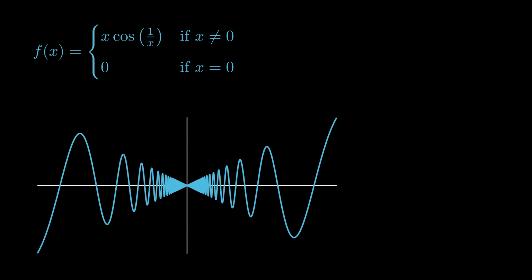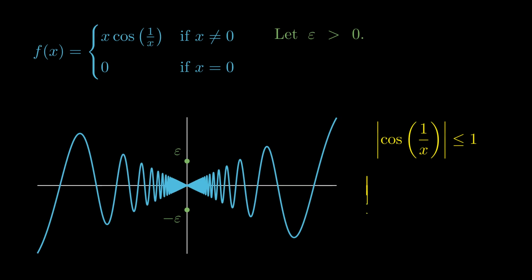So we consider an arbitrary epsilon window around 0 on the y-axis, the output of the function. And we need to produce a delta window around 0 whose inputs will map within this epsilon window. We can use the fact that the cosine function always oscillates between -1 and 1. So the absolute value of cosine 1 over x is always less than or equal to 1, which means the absolute value of our function, x cosine 1 over x, is less than or equal to the absolute value of x.